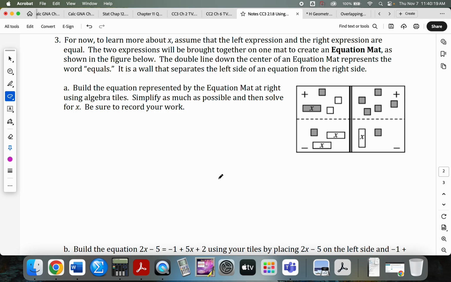So I'm going to give you a moment. Please go ahead and build this on your mat. I'll give you a minute or so to do that, and then we'll simplify it together.